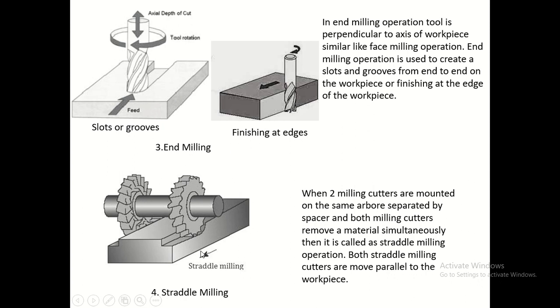Then straddle milling operation. This is the arbor, and this is a spacer. When two milling cutters are mounted on the same arbor and separated by the spacer, it is called the straddle milling operation.